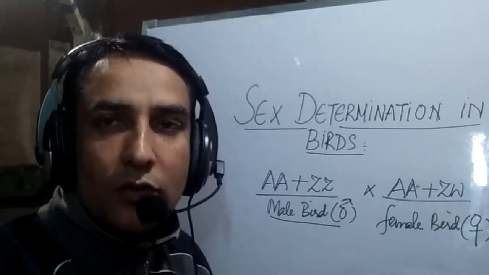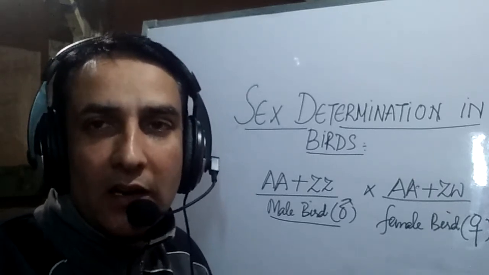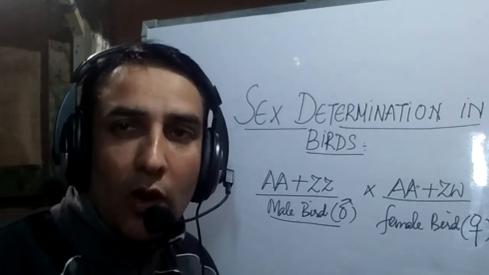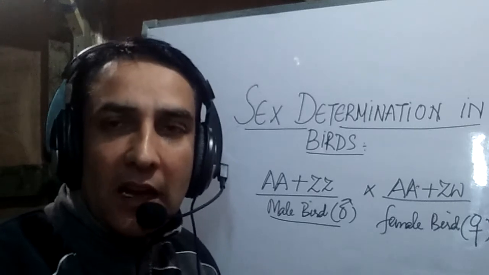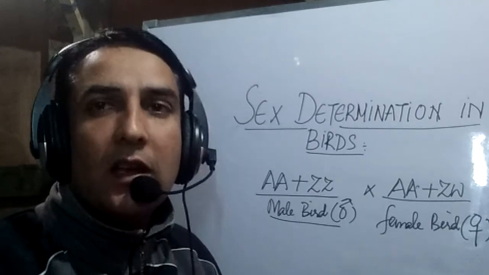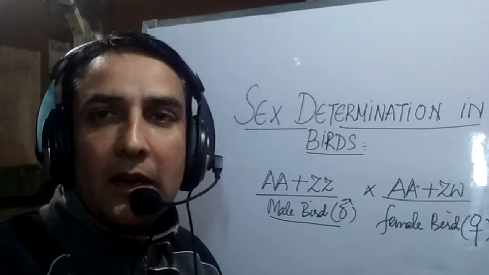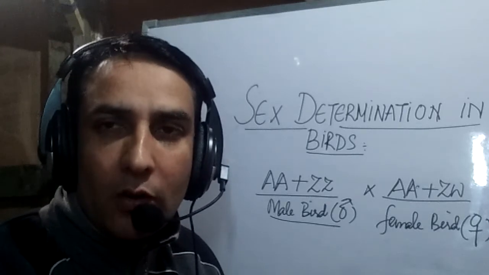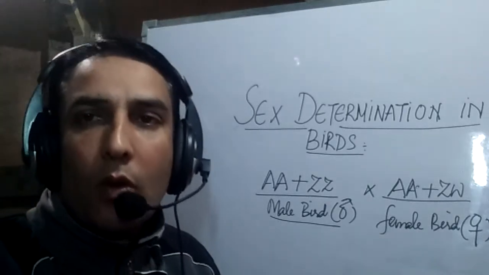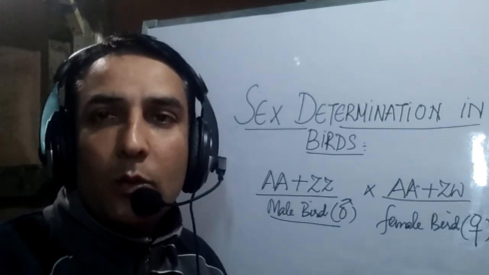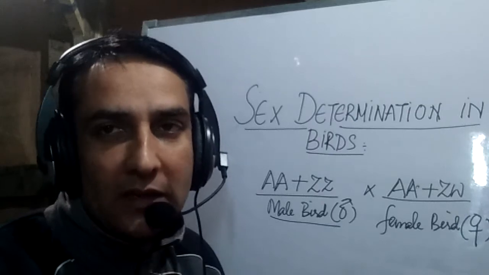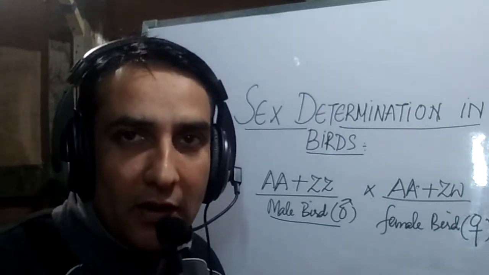So the mechanism of sex determination in mammals and birds is opposite: in mammals the males are heteromorphic whereas the females are homomorphic, but in birds the males are homomorphic but the females are heteromorphic.